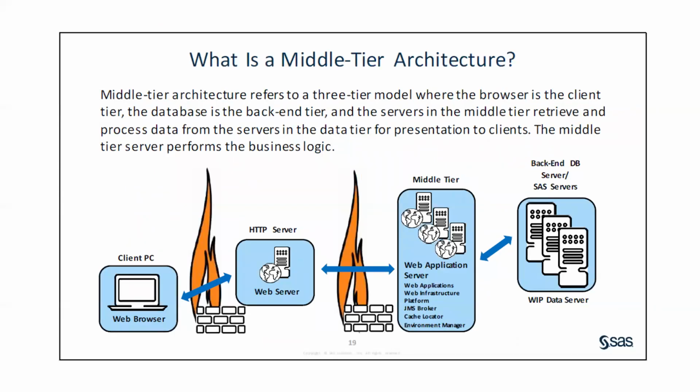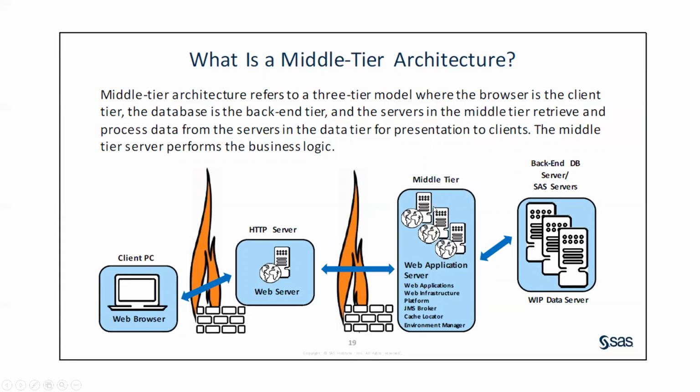Then middle tier architecture. For example, we are working on Web Report Studio. Let us assume the client tier is Web Report Studio. We have different servers here. What are the servers here? The database server means we have some database present in the server.